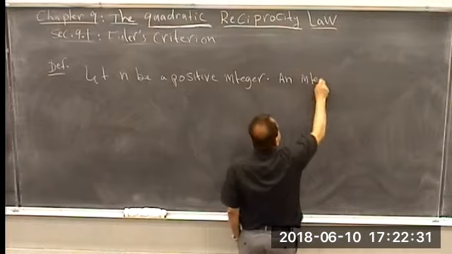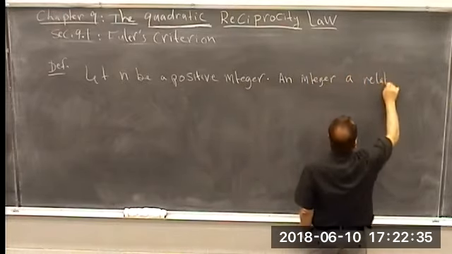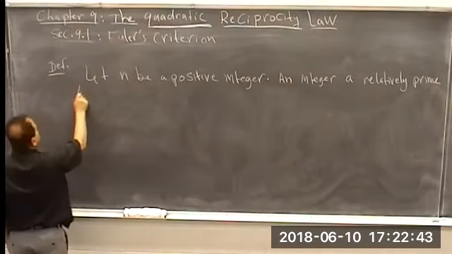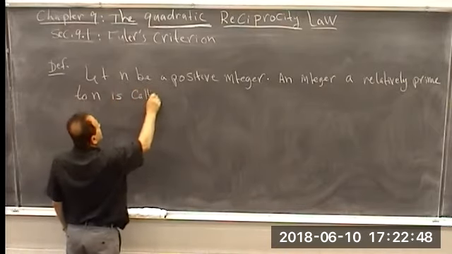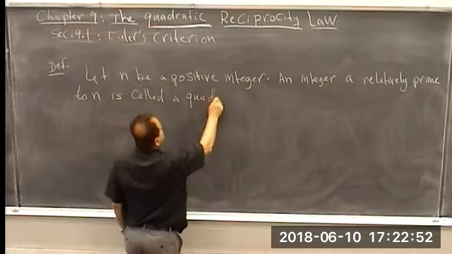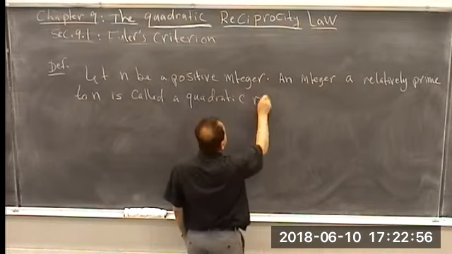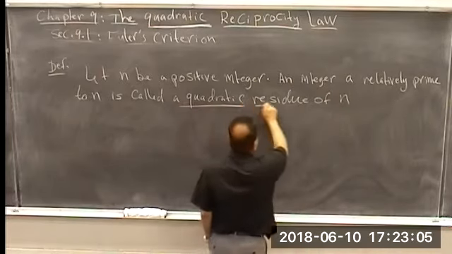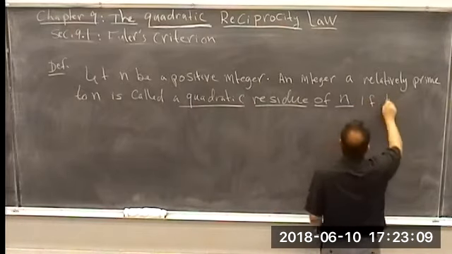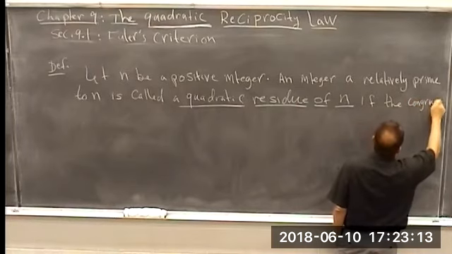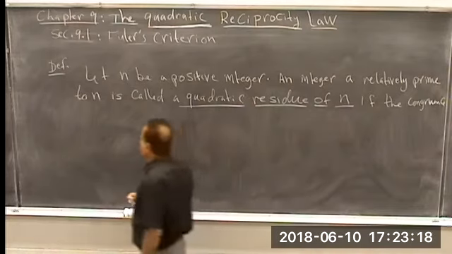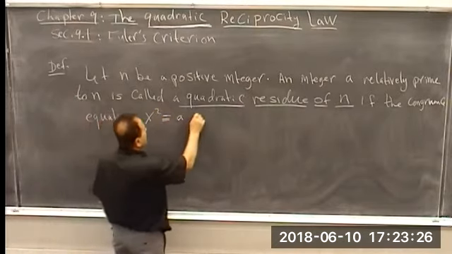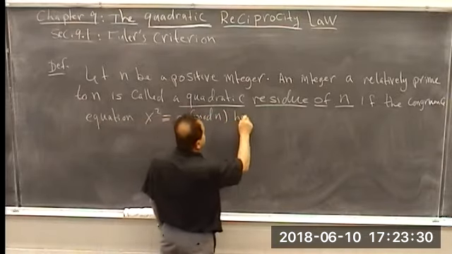An integer a relatively prime to n is called a quadratic residue of n, or mod n, if the congruence equation x squared congruent to a mod n has a solution.